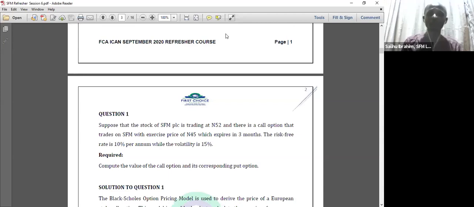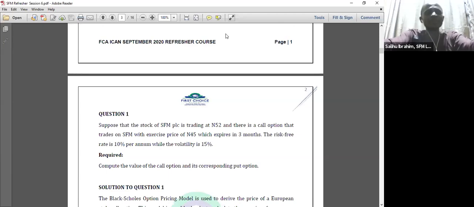Are we together? However, for you to have that right, you must have paid a price. And the price you paid is what we call the premium. You will have paid the option premium to the person selling that cell phone. It is that premium you have paid that is giving you the right to buy that cell phone in December at a predetermined price. Okay, that is what we call an option.